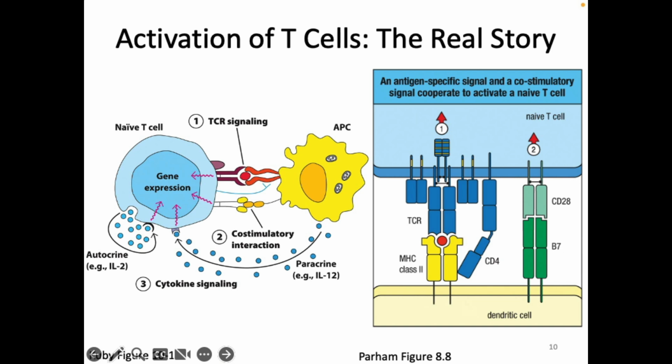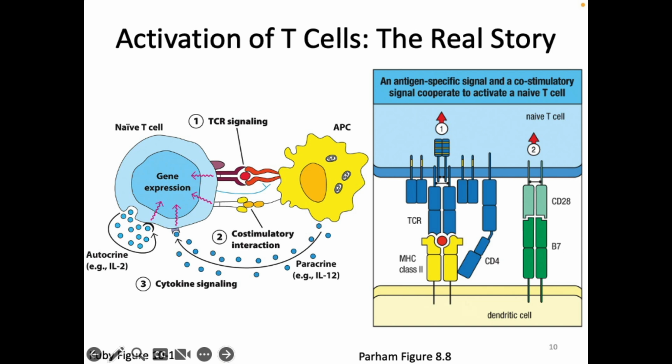You can see signal 2 in both of these images. And if you look at your image from your textbook here, you'll see that on our naive T cell, the protein that we're thinking about is a protein called CD28 that is receiving the signal.